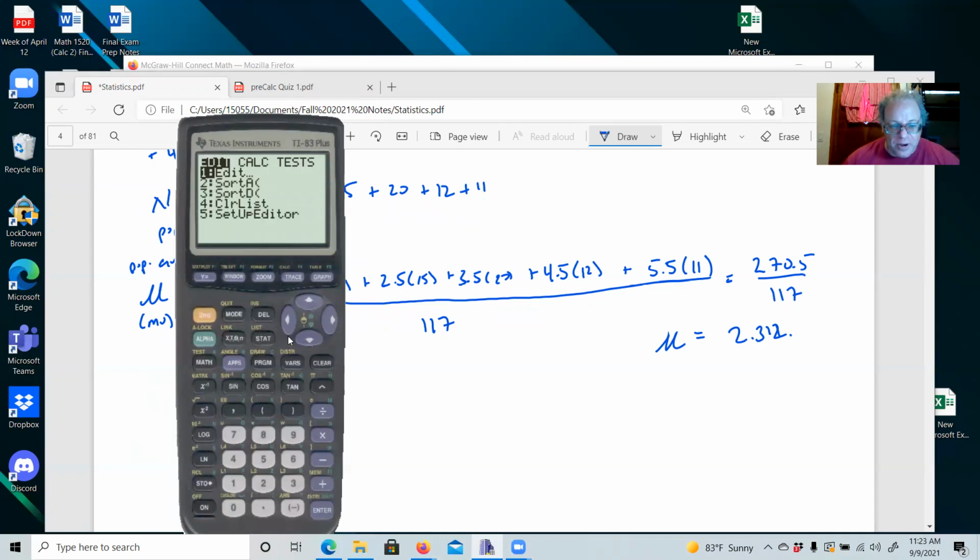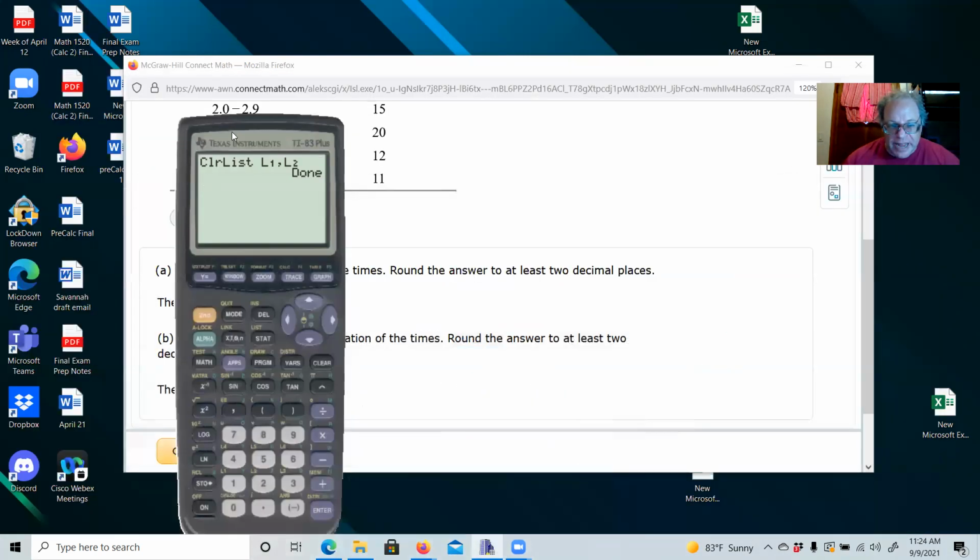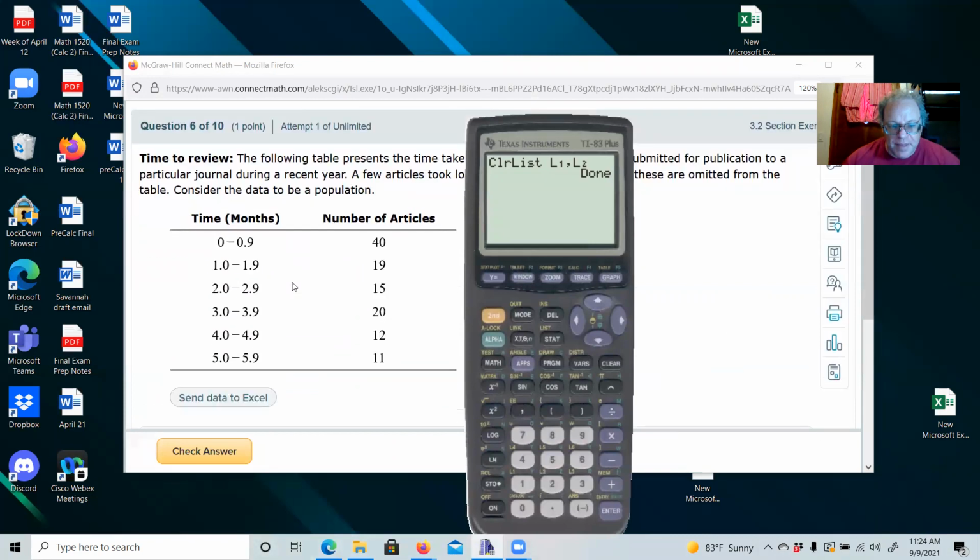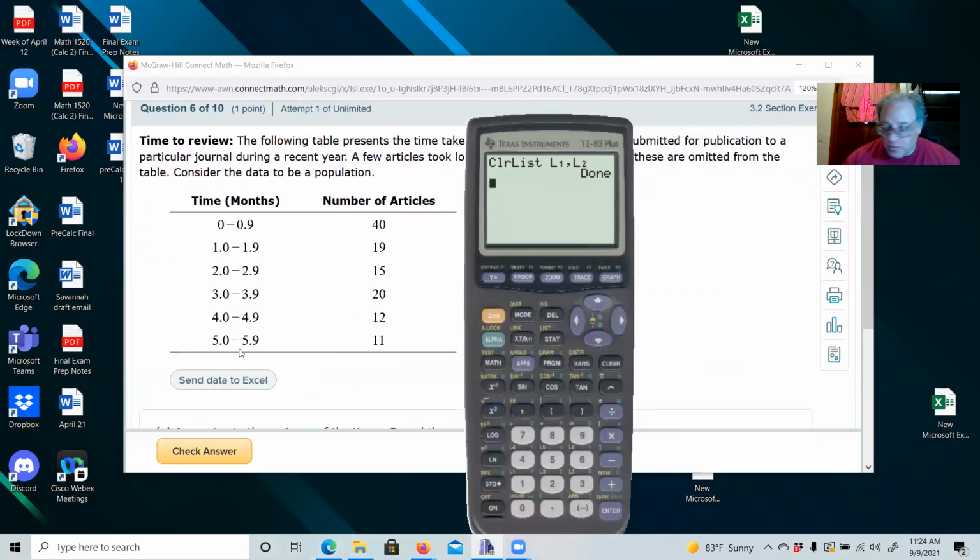So stat, clear the lists. We're going to clear list 1 and list 2. Now we're going to enter these in the calculator. Enter the value, and the number of times that value occurs.